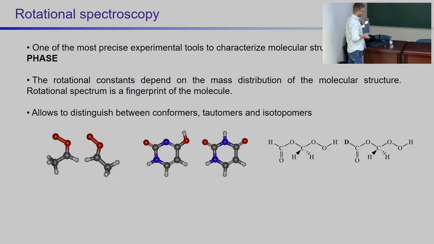So the rotational spectrum is exclusive for each molecule and is a fingerprint of a given molecule. Using rotational spectroscopy it is possible to distinguish between the structures of different isomers, conformers, and tautomers, and also between isotopic species, even when the structural changes are really small.